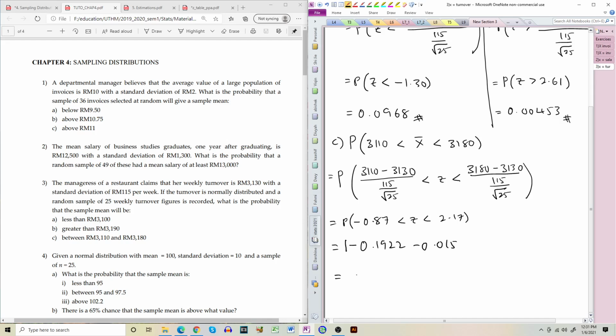I suppose I don't need to draw the bell shape. You should know by right now, if you have done all the tutorials for normal. This is the answer for number 3.